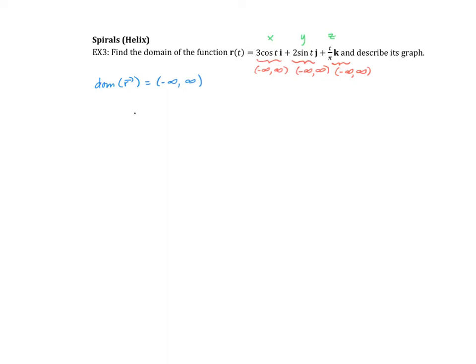I'm going to go ahead and graph this with x and y. And here I'm just looking at z equal to 0 and seeing what the graph would be in the xy plane. So if t is 0, then cosine of 0 is 1, and I'm at 3. But sine of 0 is 0, so it's going to be the point (3, 0).